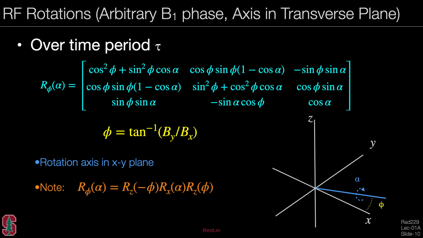You have this expression here, where this angle phi is the azimuth angle, which is basically the angle of the rotation axis, and alpha is still the rotation angle here. Notice that this matrix is actually achieved by simply taking the magnetization, rotating it back so that that blue line is actually along the x-axis, doing a rotation around the x-axis, and then rotating the magnetization back.